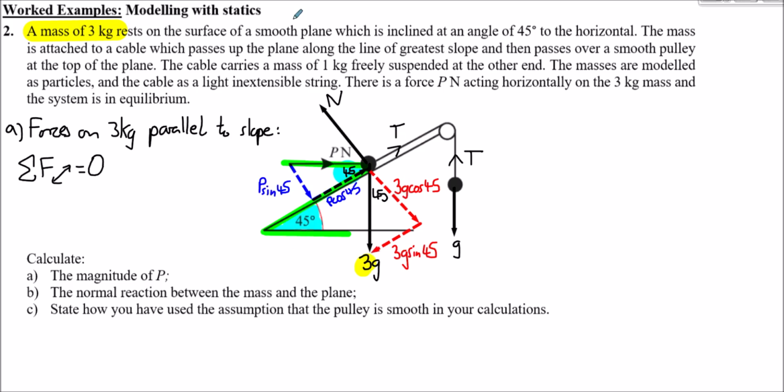So going up the slope, we've got T. Also got this component of P, the P cos 45. So T plus P cos 45, that's going to equal the forces going down, and the force going down is going to be 3g sine 45.